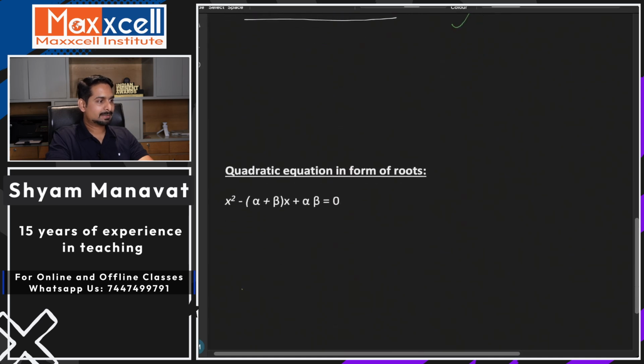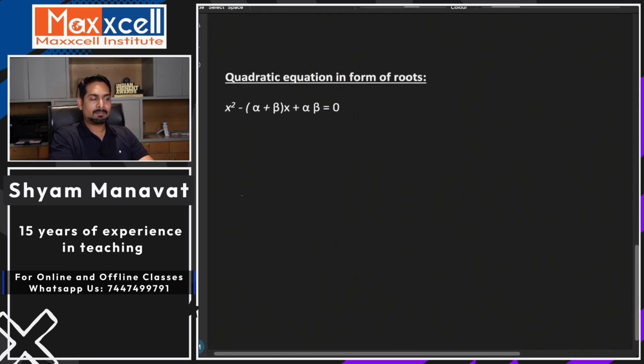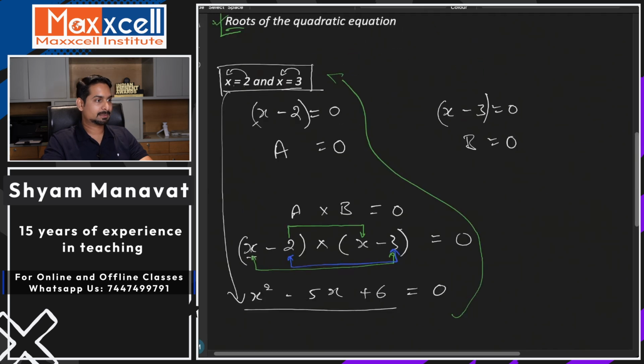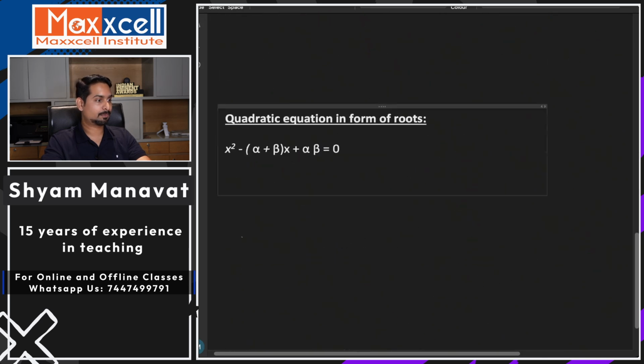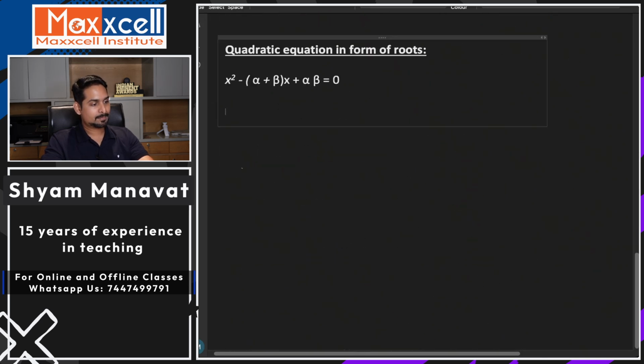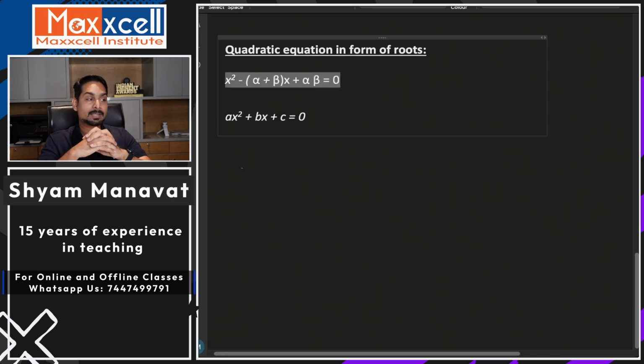Now, next, we understood the general form of quadratic equation, the standard form of quadratic equation, which is ax square plus bx plus c. That is the standard form of quadratic equation. And here, this one, we call it quadratic equation in terms of roots, in form of roots.